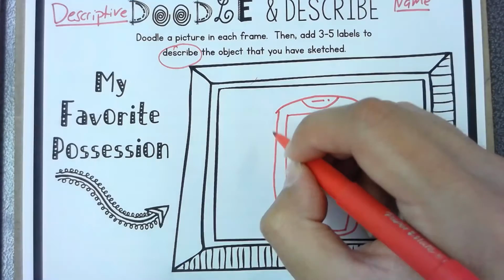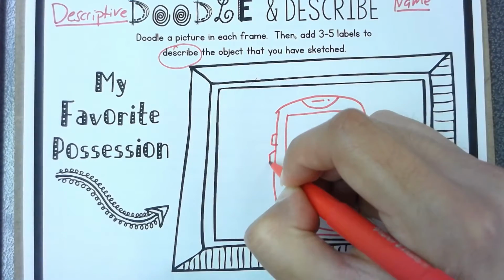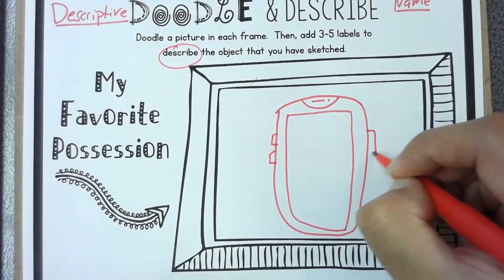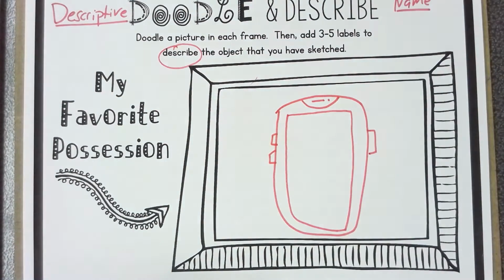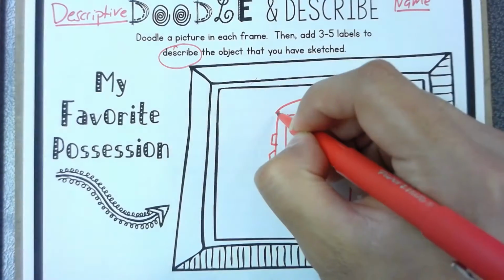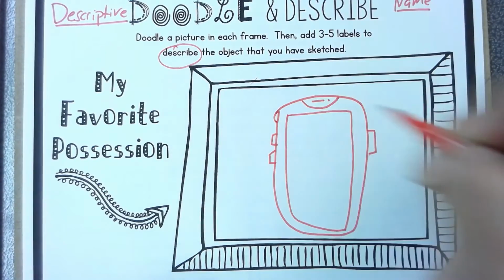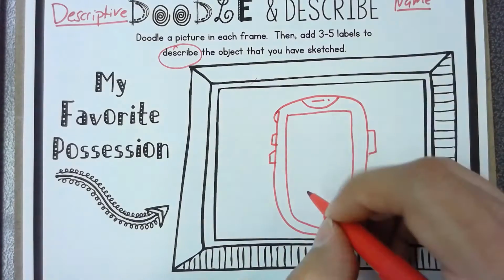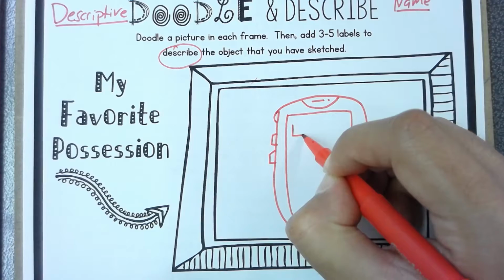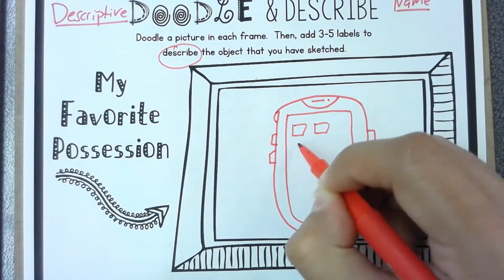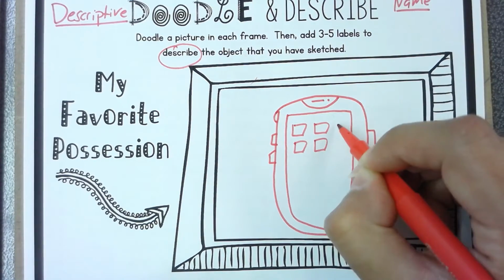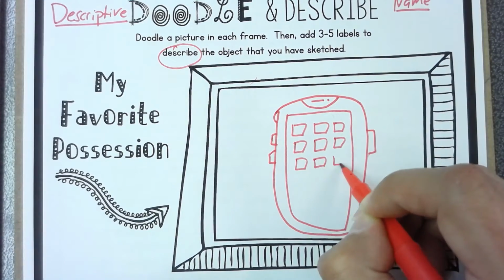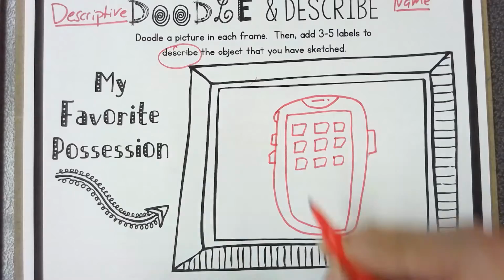I have my side buttons. Another side button. I have the switch over here. So now I'm going to put on my little apps. So please make sure that you illustrate your favorite possession right now.